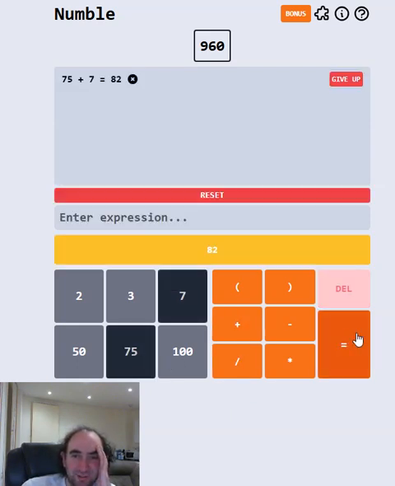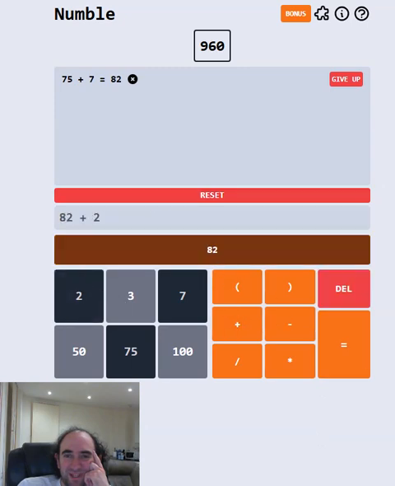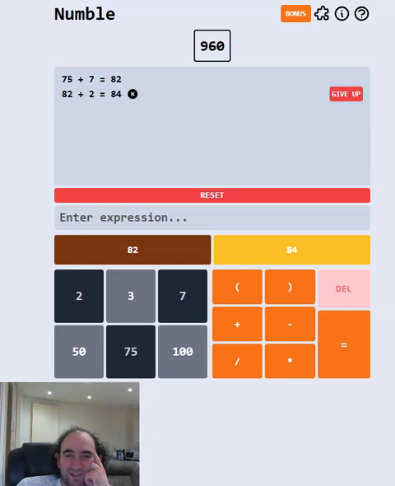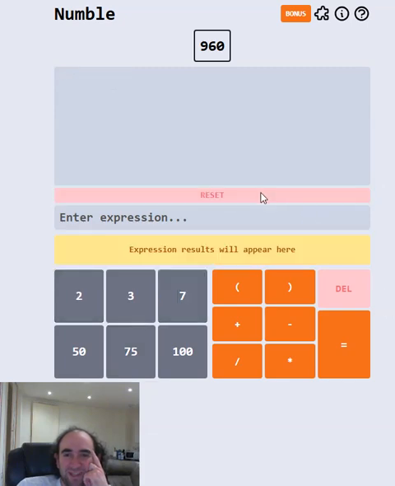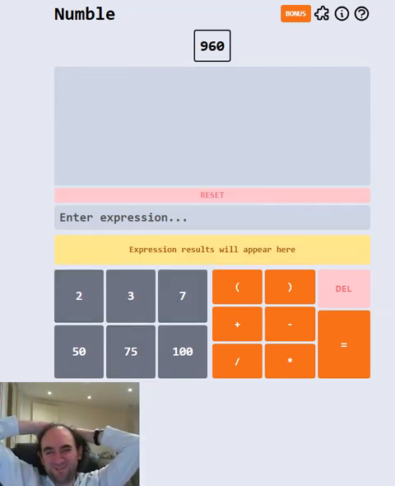That's 82. How many 82s do we need? About 11 and a half. That's not going to help. Oh, I just don't know, and I don't like giving up.